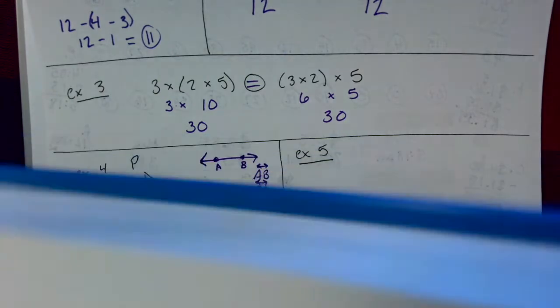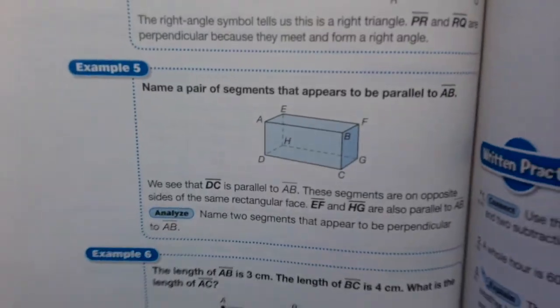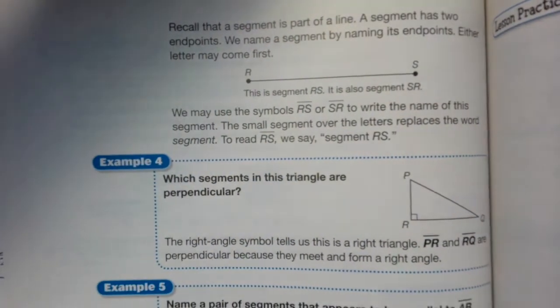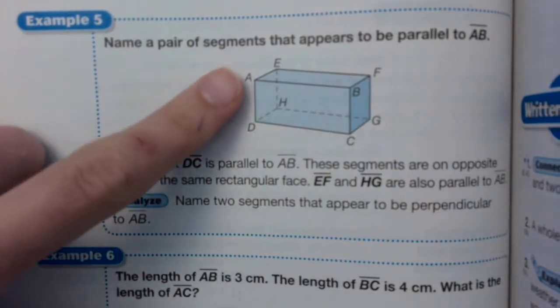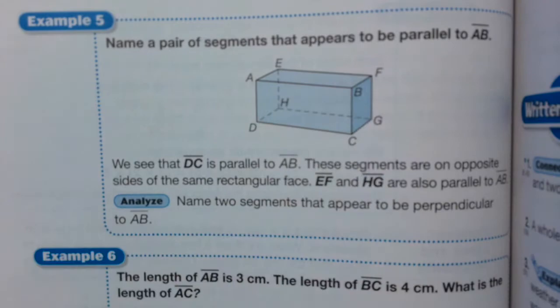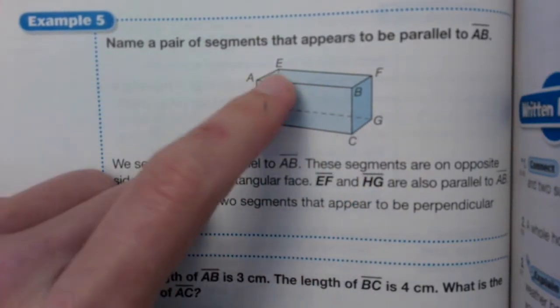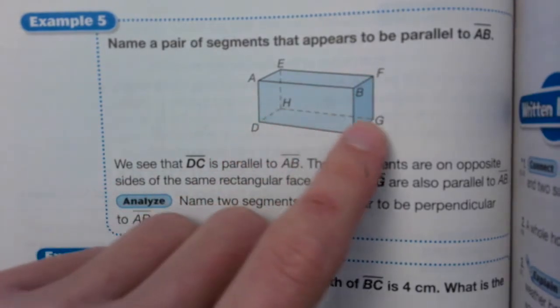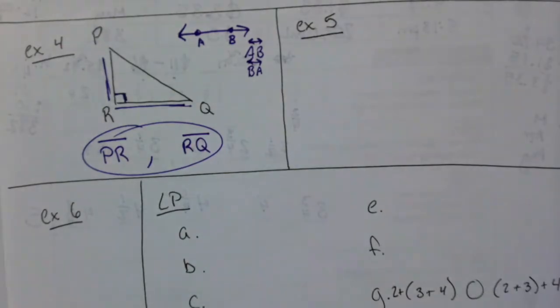Example 5, let's look in our book. It says, name a pair of segments that appears to be parallel to AB. So AB right here is parallel to what other segments? Well, you could say DC, you could say EF, you could say HG. Those are all parallel to AB.